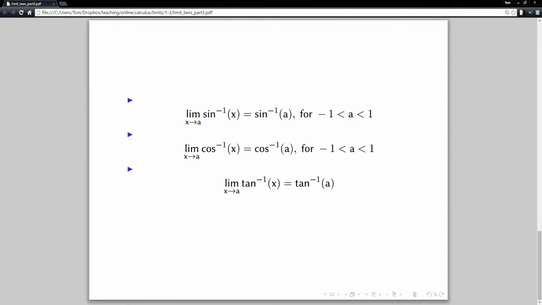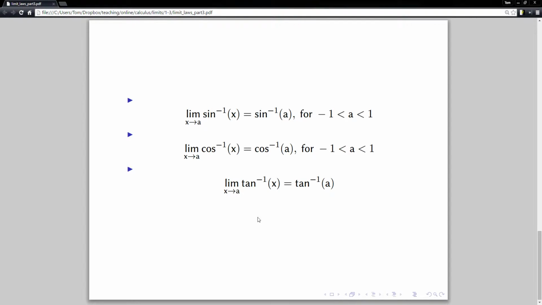Likewise, the inverse trigonometric functions are also like that. If I want to take the limit as x goes to a of inverse sine, all I need to do is plug in here. And same thing for inverse cosine, and same thing for inverse tan.